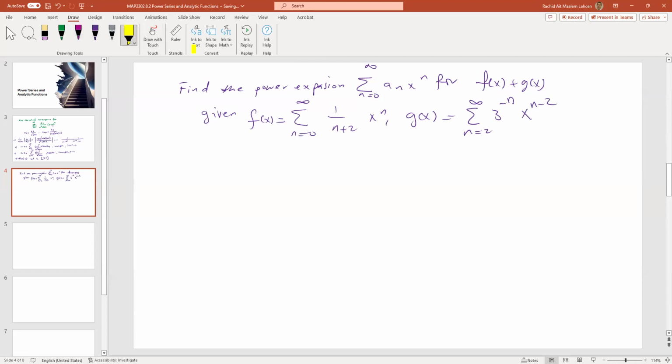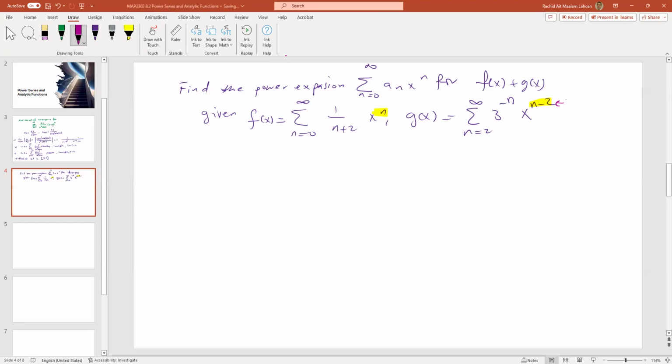As you see, they are not compatible for addition. So we need to make them compatible and then be able to do that.